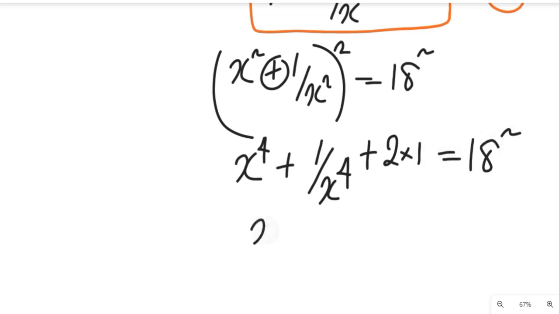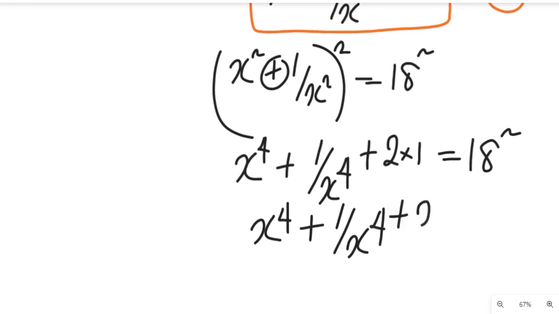So we'll have x to the power of 4 plus 1 divided by x to the power of 4 plus 2 equal to 18 squared, which gives us 324.